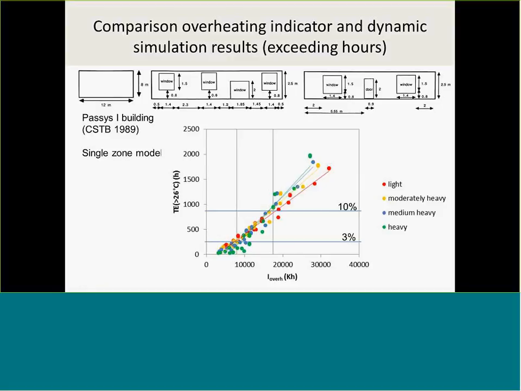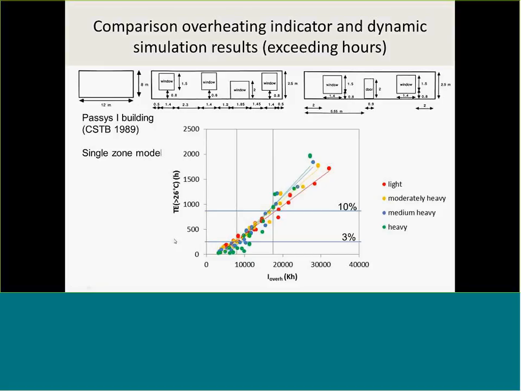At an overheating indicator with values larger than this lower threshold value, you see that the exceeding hours may become larger than 3%, even larger than 10%. This value more or less coincides with the requirements proposed in the EPB regulations of this case.